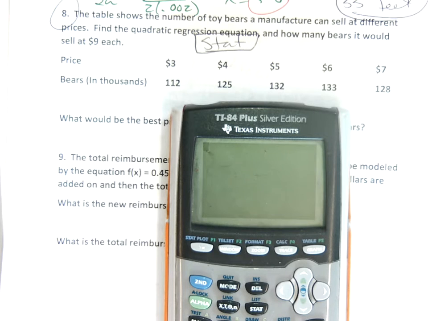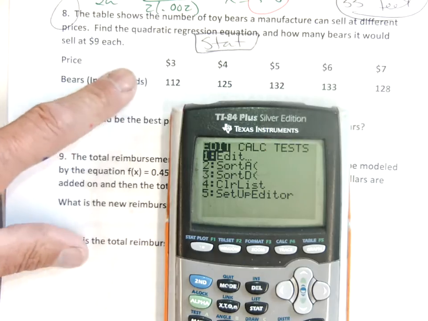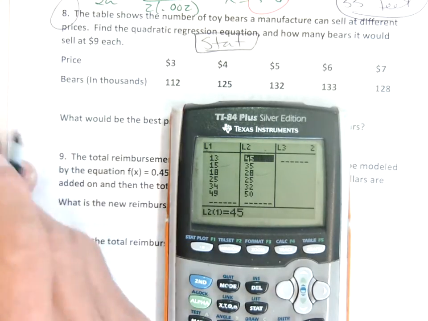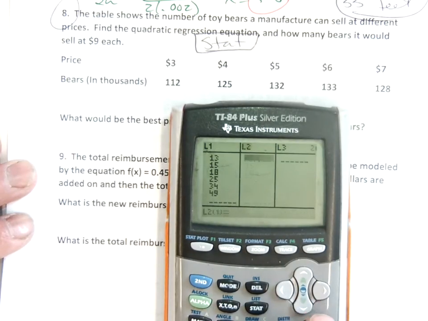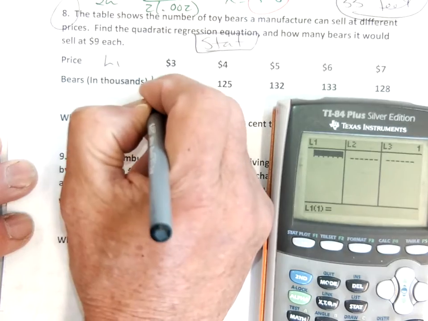So I'm going to go to stat, edit. I'm going to clear my list, clear my old data, and then let this be list 1 and list 2.